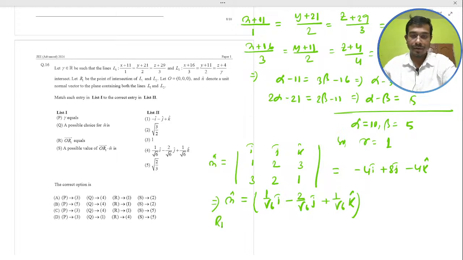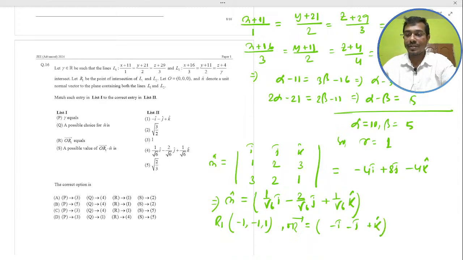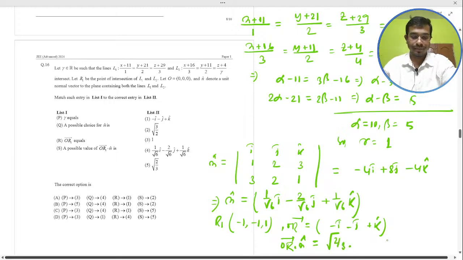Okay. So the R1 point would become (-1, -1, 1). And the OR vector will become minus i minus j plus k. And OR dot n would become root 2 by 3.